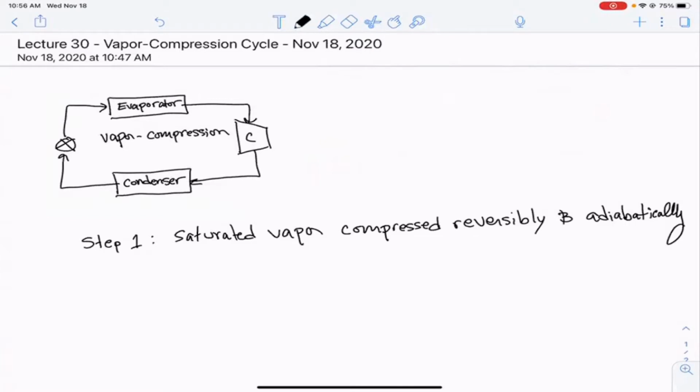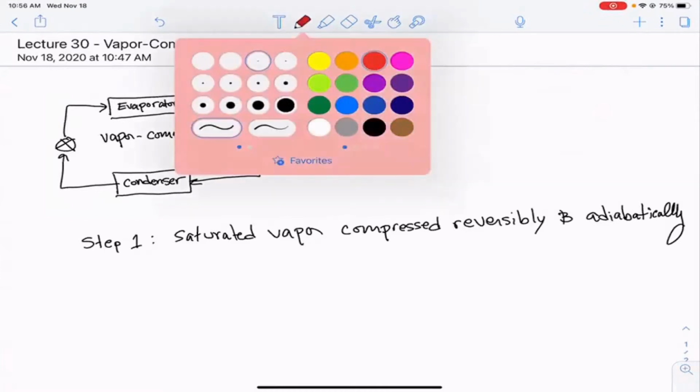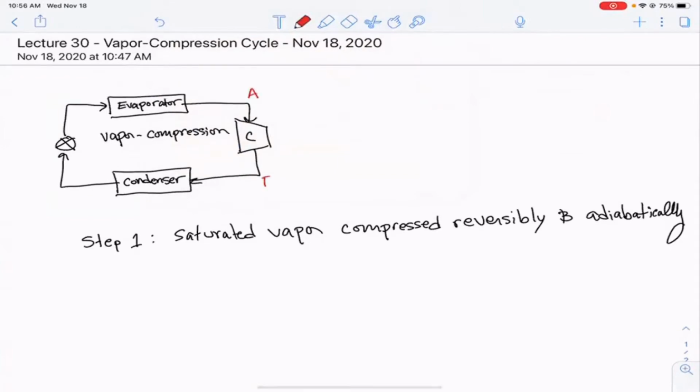Step 1 is to compress saturated vapor reversibly and adiabatically. And if you think about where we are, let me label this as A, B, C, and D. So step 1 is here, in the compressor.